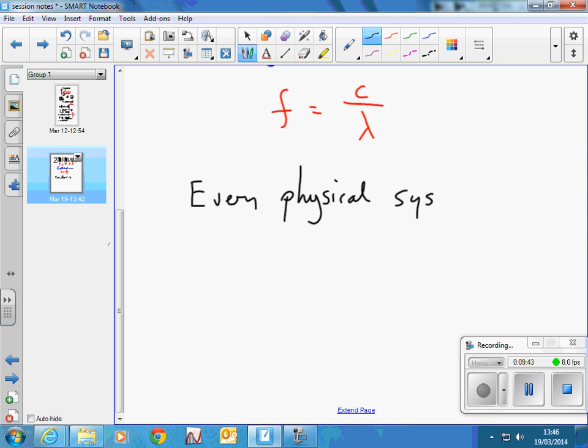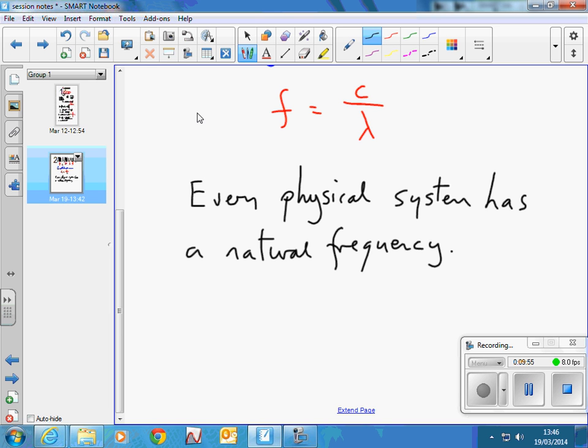Every physical system has a natural frequency. Let's call that Fn, subscript n for natural frequency.